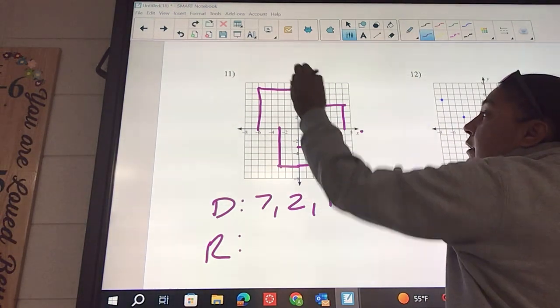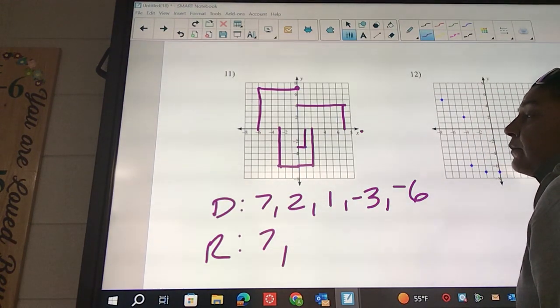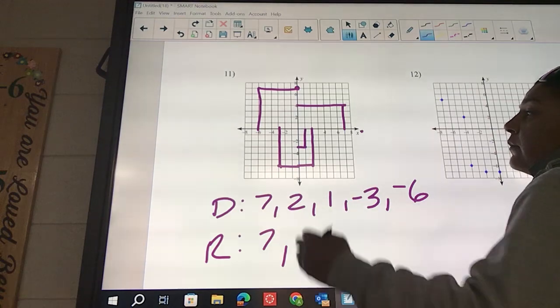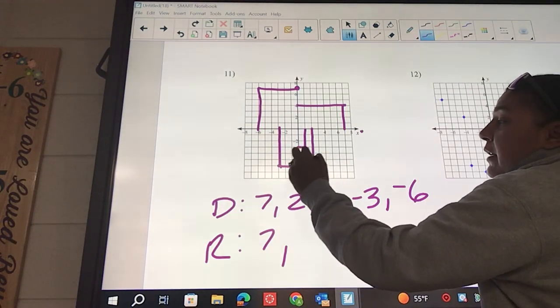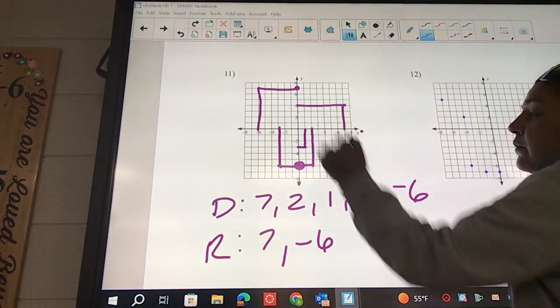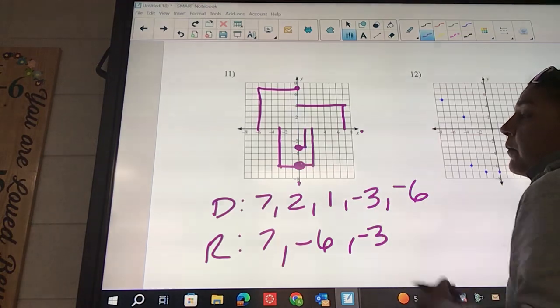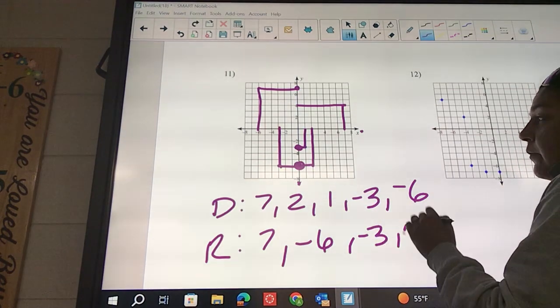So I can see here that it's touching the Y line at 7. Where else? Negative 6, so right here. Where else is it touching this Y line? Negative 3. There's one more. And 4.